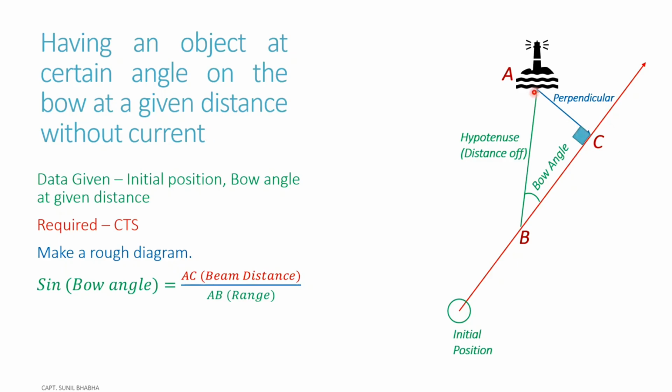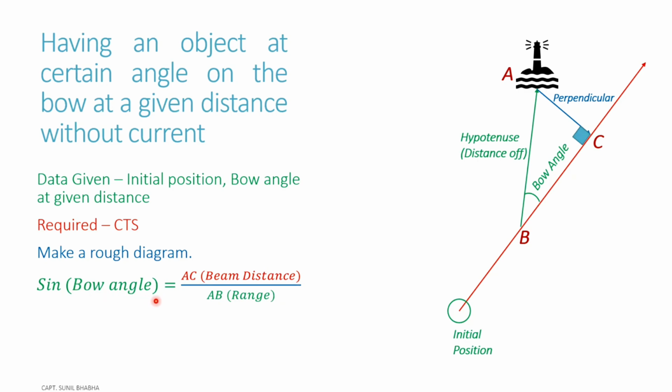So this Alpha Charlie, the perpendicular from the object to our CTS, will be the beam distance of this particular lighthouse, and it will also be the nearest distance when you are moving along your track. So AC is our beam distance and AB is the range of the lighthouse, or the distance from the lighthouse when it is at that particular bow angle.